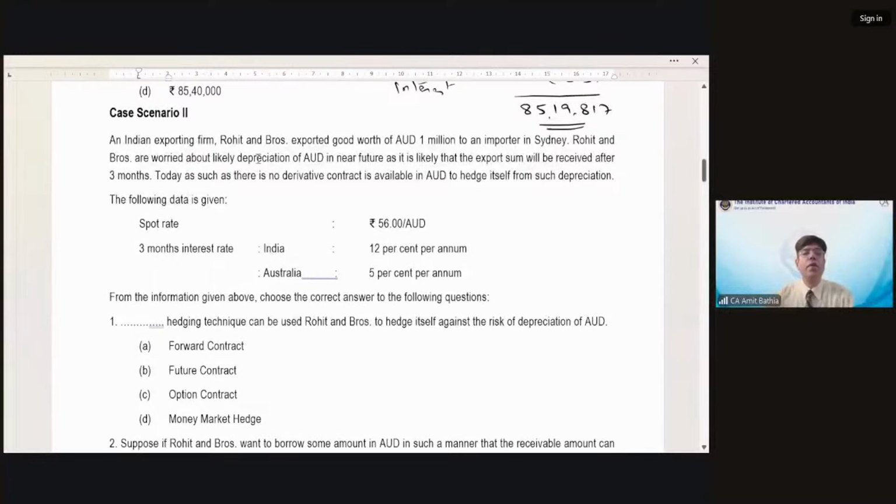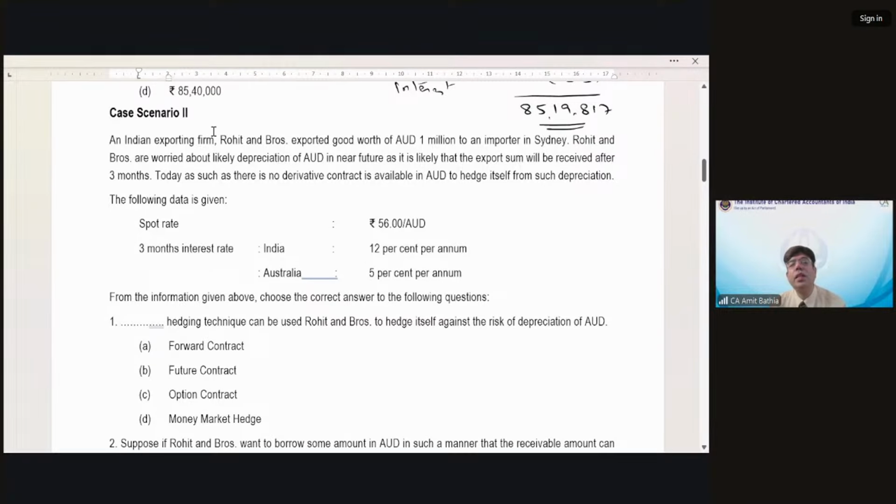In the second question, we are looking at an Indian exporting firm, Rohit and Brothers, that exported goods worth AUD 1 million to an importer in Sydney.